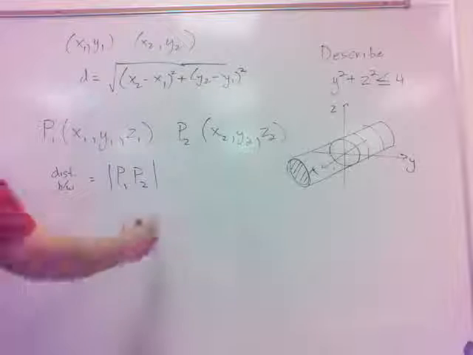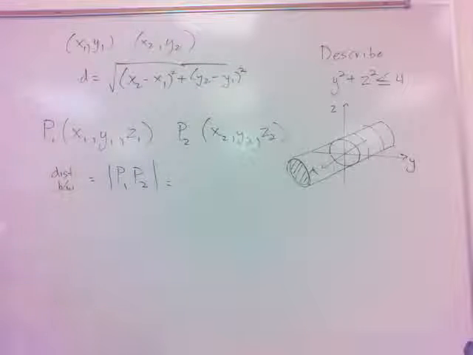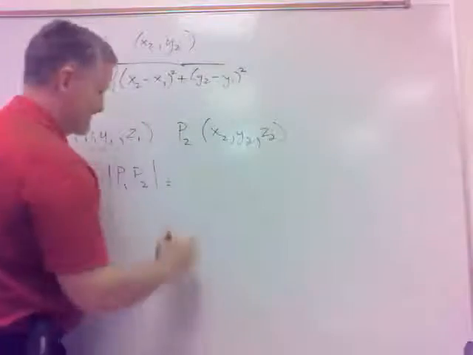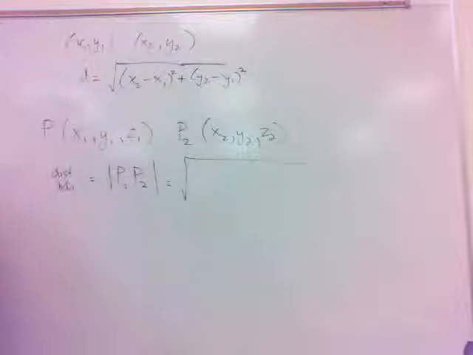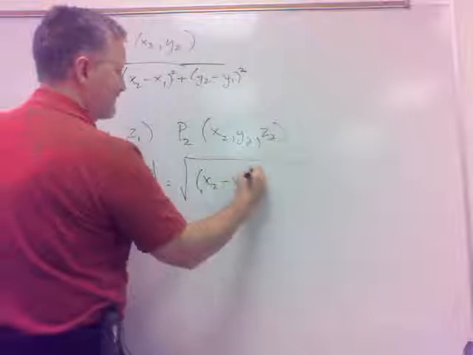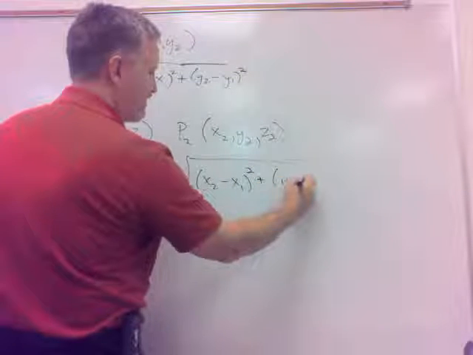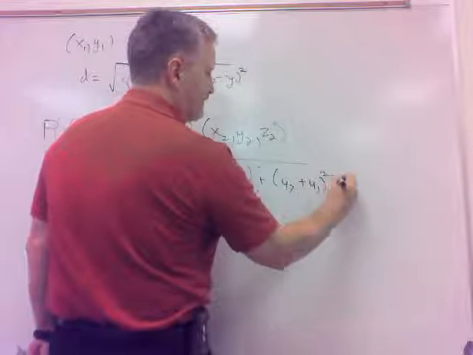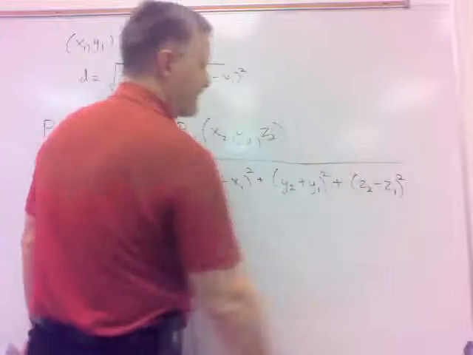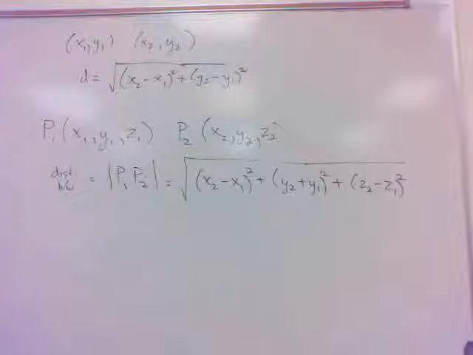That's the notation we'll use, and in this case we called them P1 and P2. The nice thing again, it's very analogous. It's the square root of the differences of the x's squared, the differences of the y's squared, plus the differences of the z's squared. Very nice.